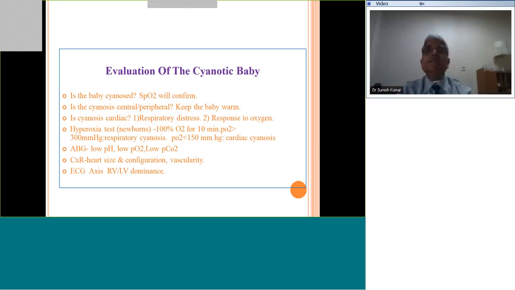These shapes may not always be evident, but if you find that the baby is intensely cyanotic and the lung vascularity is normal, it is TGA. If the baby is intensely cyanotic and the lung vascularity is very oligemic, it's Tetralogy-like physiology. This is a rule of thumb that you can carry.